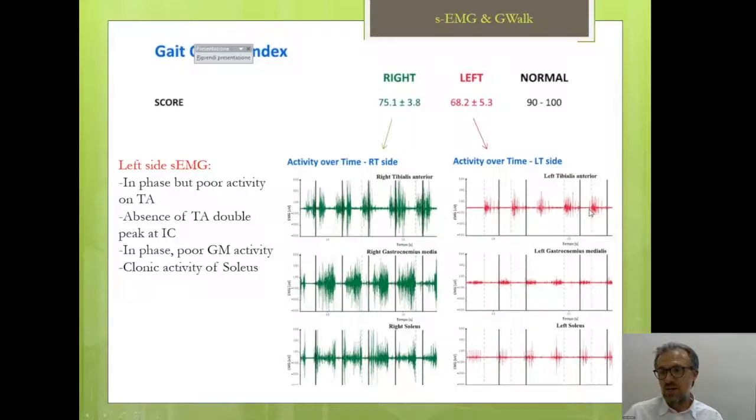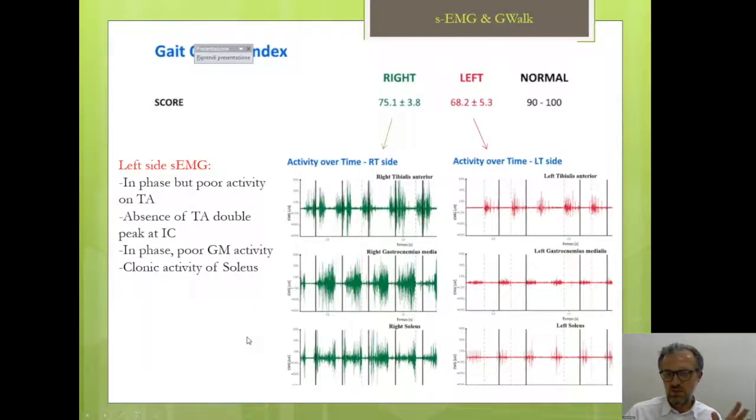We have the absence of the double peak at the initial contact. We don't have the double peak of the tibialis anterior. We have a poor, but in-phase, activation of the left gastrocnemius medialis. And we have some clonic spikes at the soleus. They are in phase, but with clonic activities.